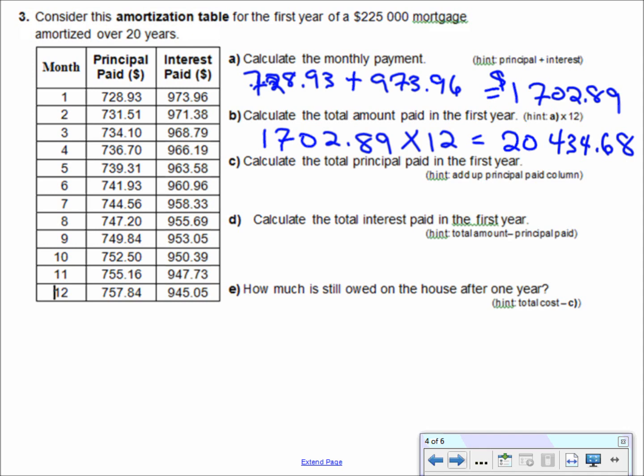Okay, now calculate the total interest paid. All you do is go to the interest column and add it up. Every single one. I haven't done it yet. Stop being lazy. Well, it won't take that long. I got 8,900.